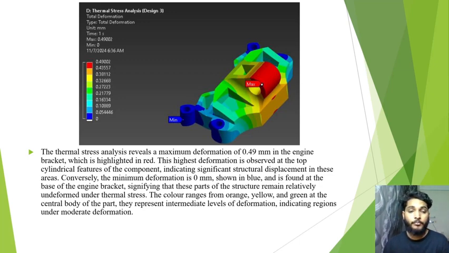Conversely, the minimum deformation is zero, shown in blue, and is found at the base of the engine bracket, signifying that these parts of the structure remain relatively undeformed under thermal stress. The colors orange, yellow, and green at the central body of the part represent intermediate levels of deformation, indicating regions under moderate deformation.